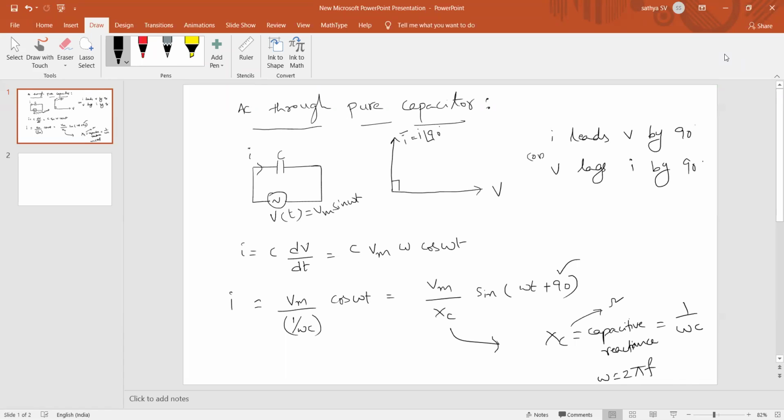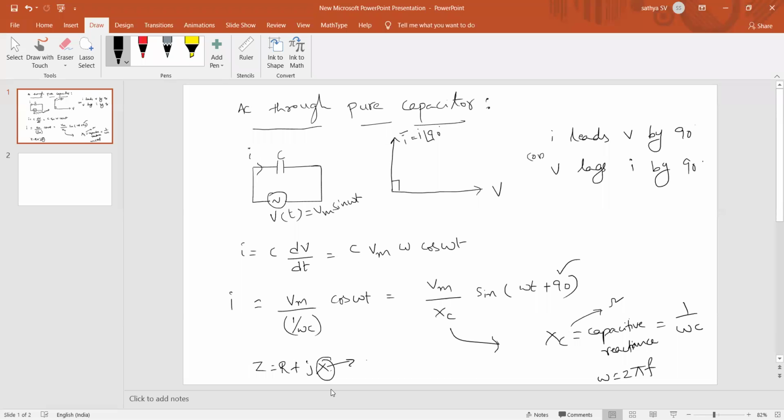Reactance is nothing but something which can oppose the flow of current, like your resistance, but this is an imaginary quantity. Like Z equal to R plus jX, where X is either XL or XC based on inductive reactance or capacitive reactance.